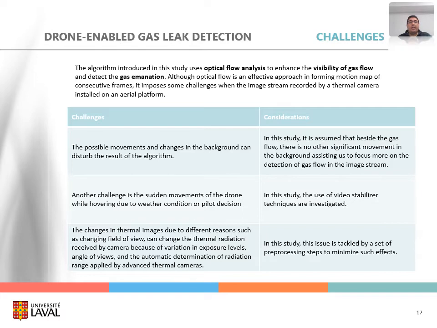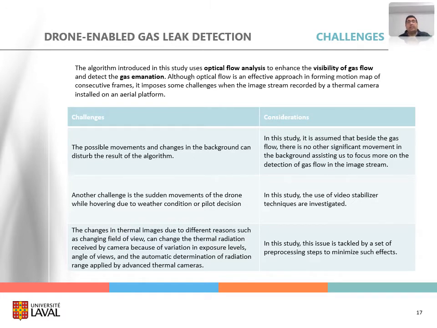So there are some challenges we had to address before going further. For example, the first one was that possible movements and changes in the background can disturb the result of the algorithm. So in this study, it's assumed that besides the gas flow, there is no other significant movement in the background, helping us focus more on the detection of gas flow in the image stream.